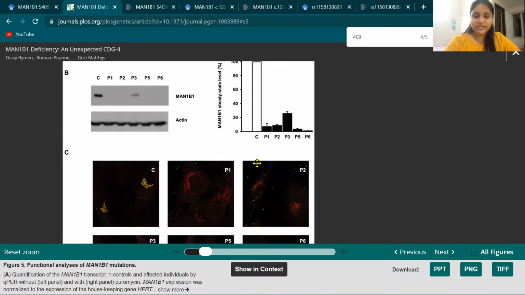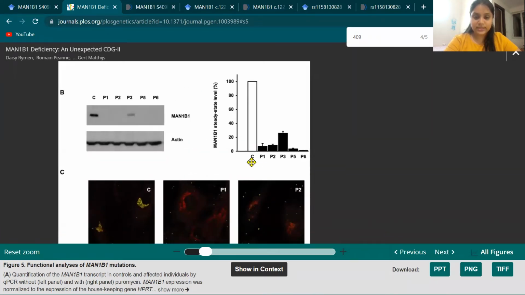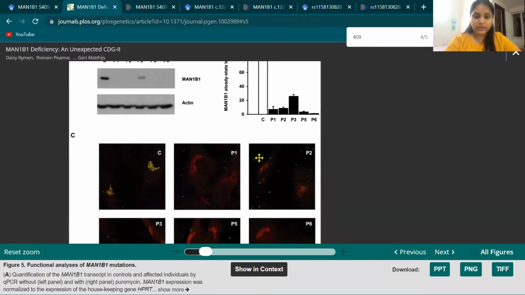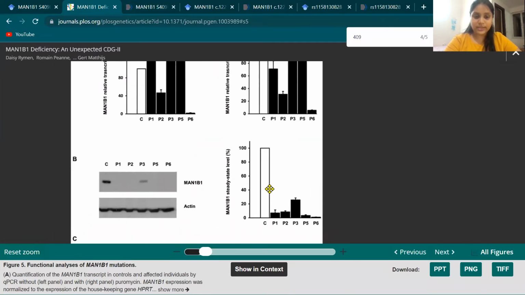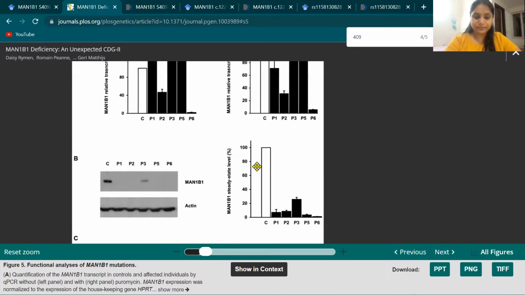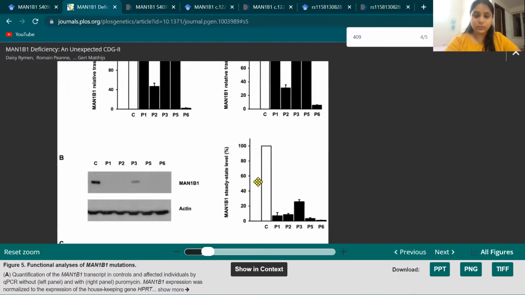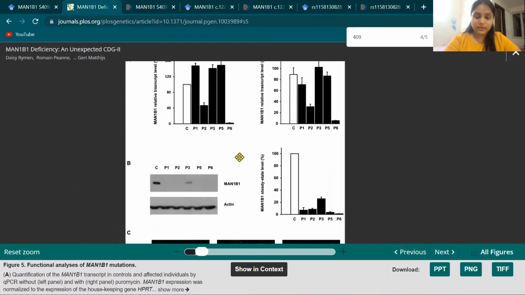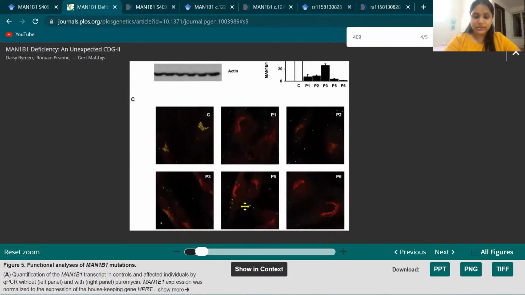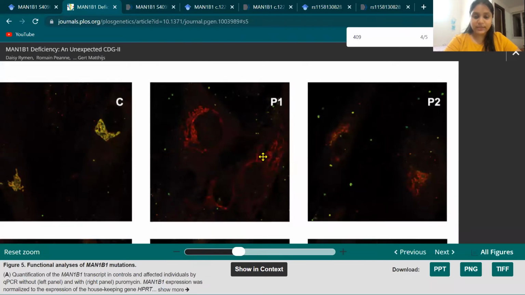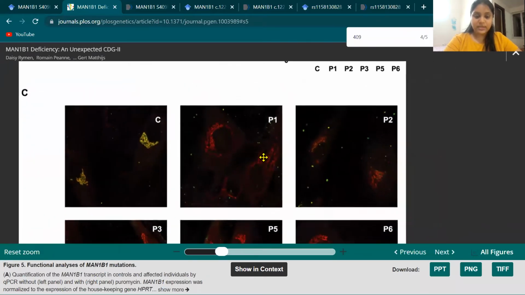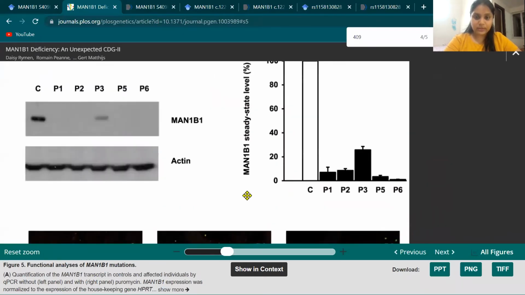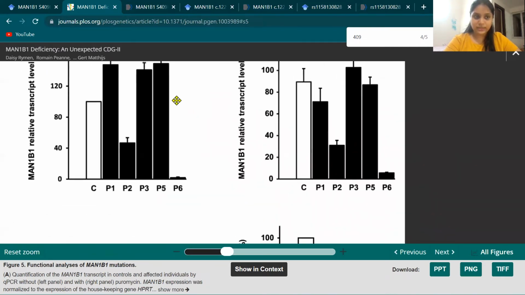So this suggests that even in the homozygous state, which is in patient 1, this variant was leading to low levels of steady state, thus giving us a clue that this variant is actually putatively pathogenic. So therefore, based on this study, we can give PS3 also.